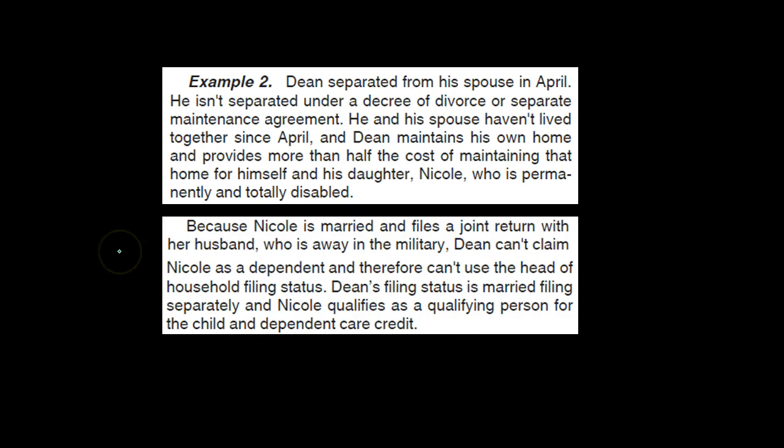Because Nicole is married and files a joint return with her husband, who is away in the military, Dean can't claim Nicole as a dependent and therefore can't use the head of household filing status. Dean's filing status is married filing separately, and Nicole qualifies as a qualified person for the child and dependent care credit.